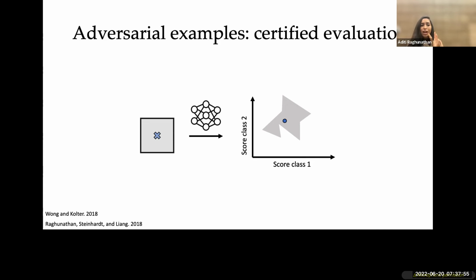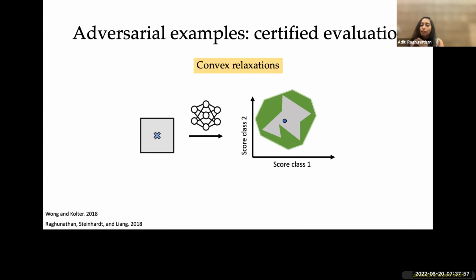Rather than looking at this exact non-convex set that corresponds to your perturbations, let's make our life easier and instead look at a wider convex object that encompasses everything that actually comes from perturbations. If we show that this entire set is correct, or the scores obey the property that you want, then we know by construction that everything inside, which actually corresponds to perturbations, also has that guarantee.